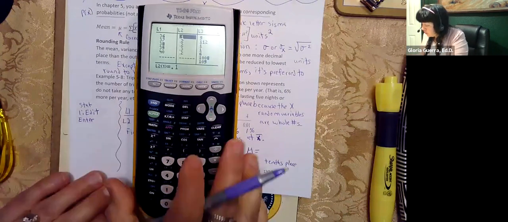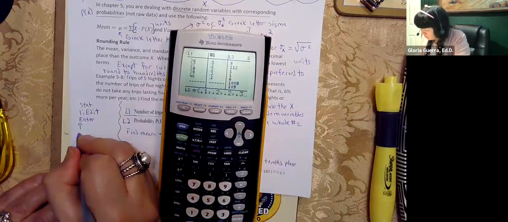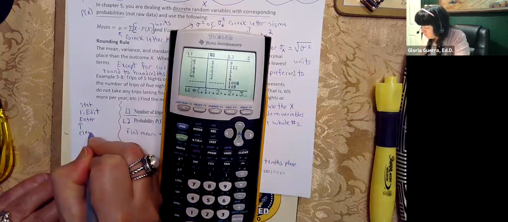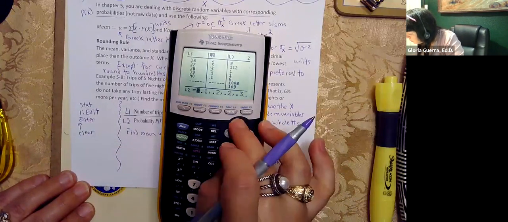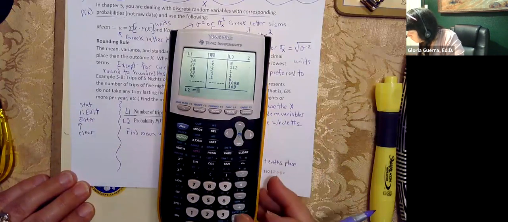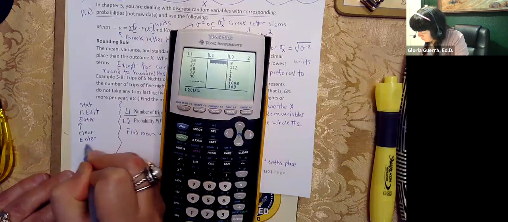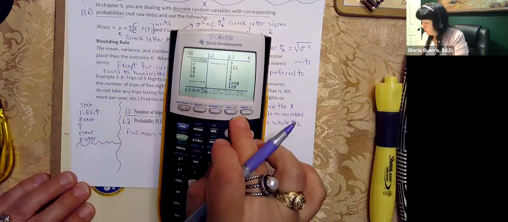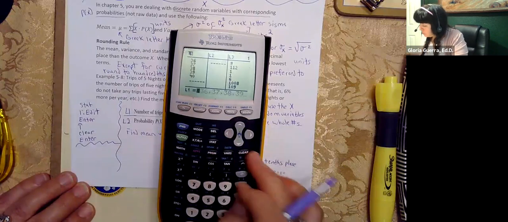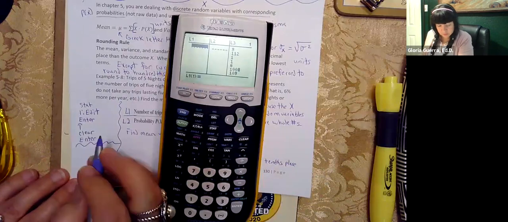Okay, so you're going to go up to the top and clear, and enter. So go to the top, clear, enter. Okay, over here, tab over here, go to top, clear, enter. Okay, and then you're going to start inputting your data.